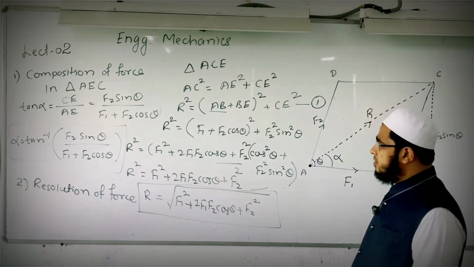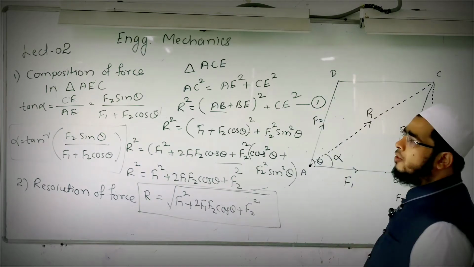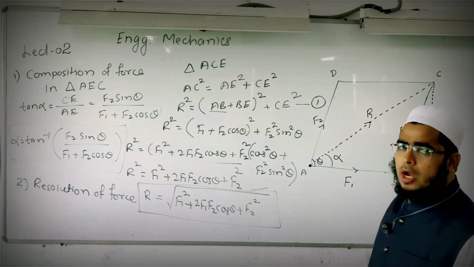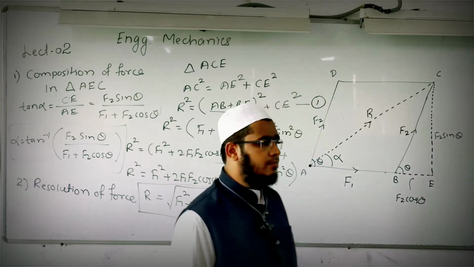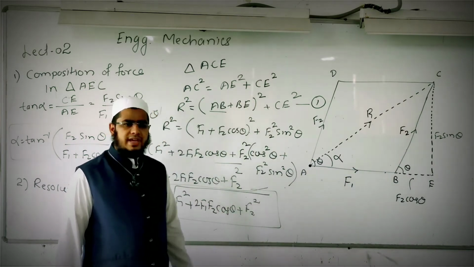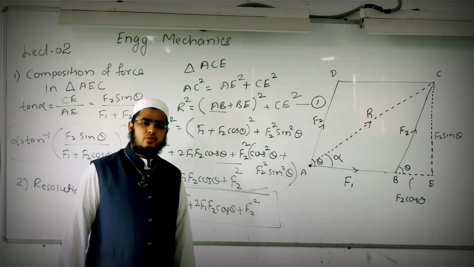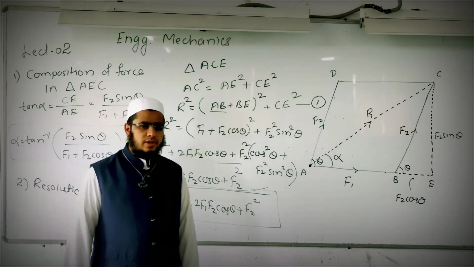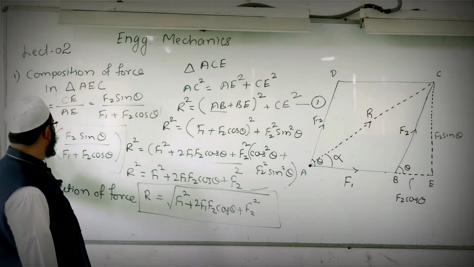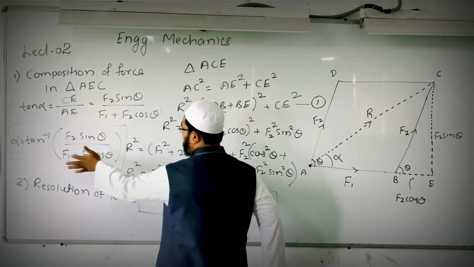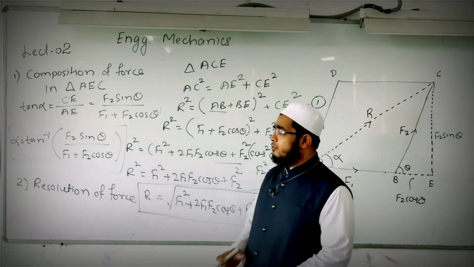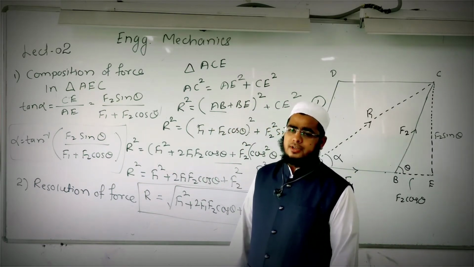When we have to find the resultant of two forces represented in magnitude and direction by two adjacent sides of the parallelogram, then the magnitude is given by R equal to under root of F1 square plus twice F1 F2 cos theta plus F2 square, and the direction alpha is given by tan inverse of F2 sin theta divided by F1 plus F2 cos of theta.